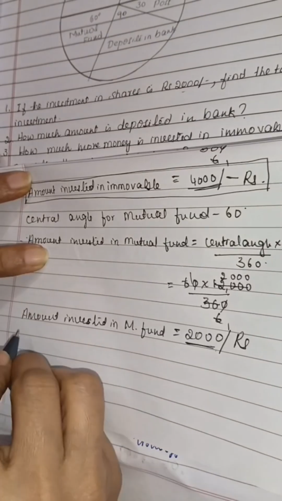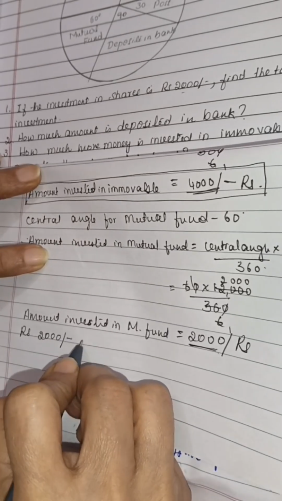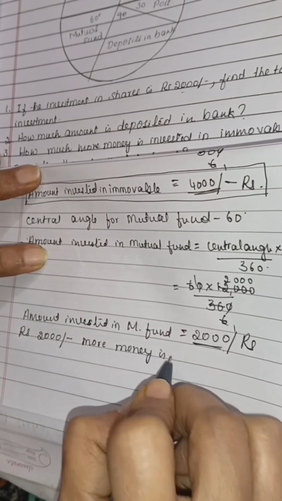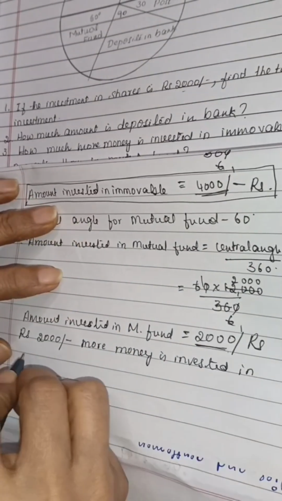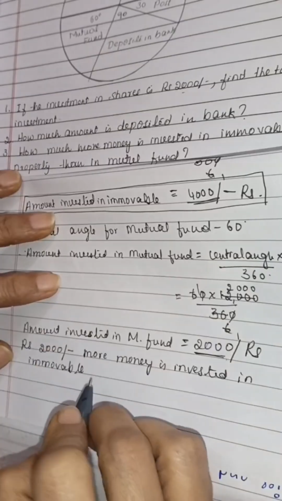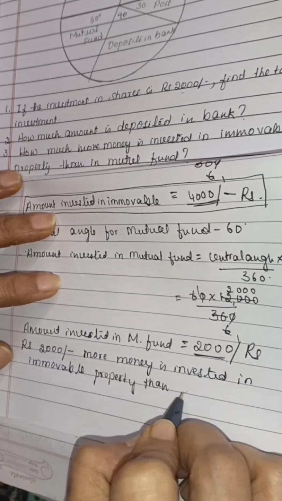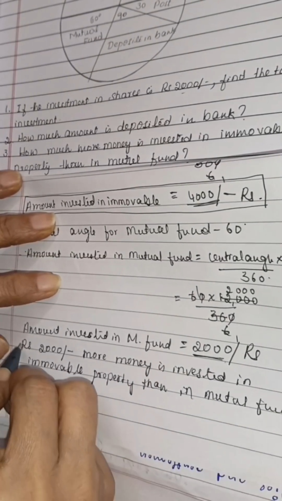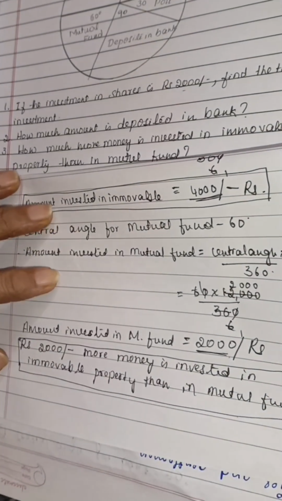So let's write the answer: rupees 2,000 more money is invested in immovable property than in mutual fund. This is the answer for the third sub question.